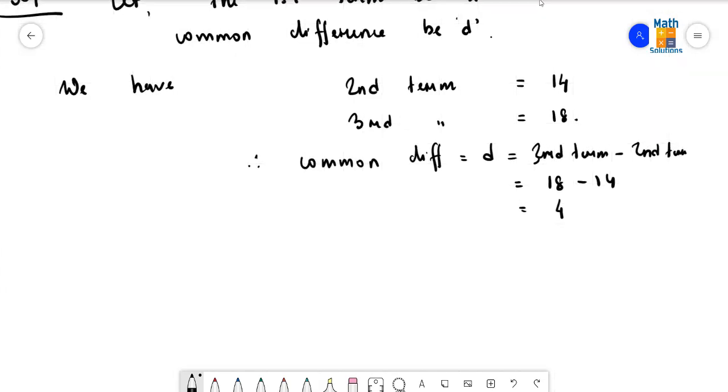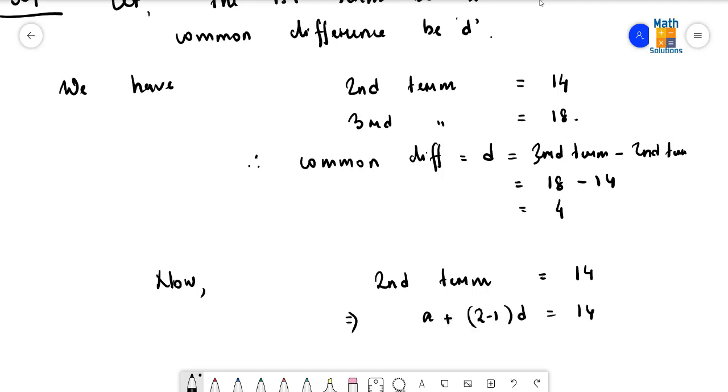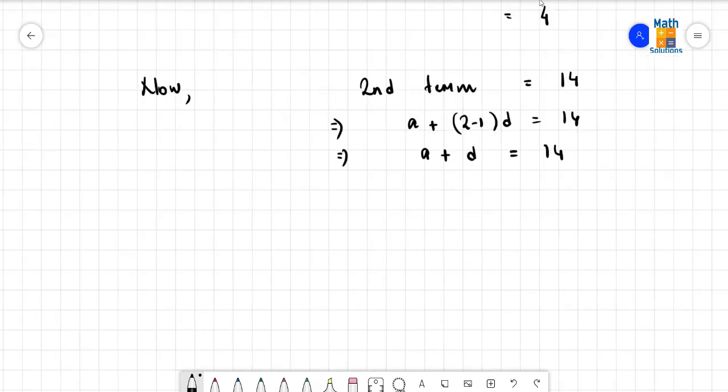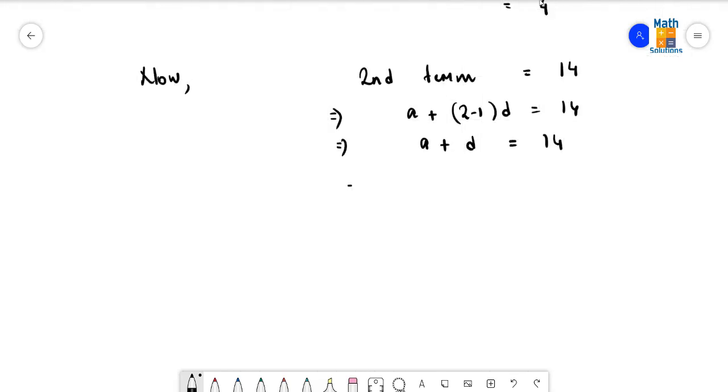Now for second term we are having the result to be 14. That means a plus 2 minus 1 d we get as 14. That means a plus d is equal to 14. Therefore for a, it is equal to 14 minus 4.